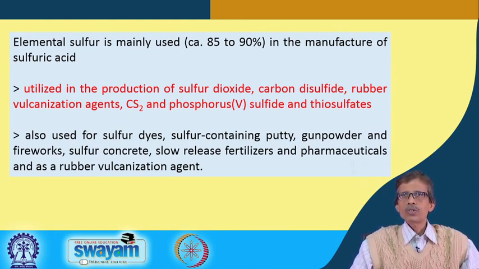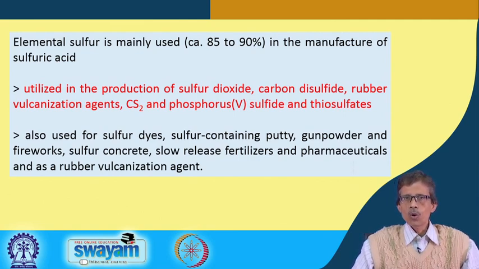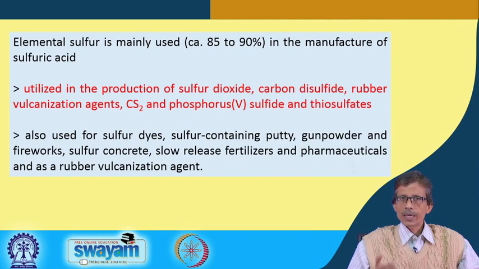So, elemental sulfur is given to you. You should know how we can convert it to sulfuric acid and what should be the corresponding industrial procedure, that will tell us the underlying principle behind inorganic chemistry dealing in industry.